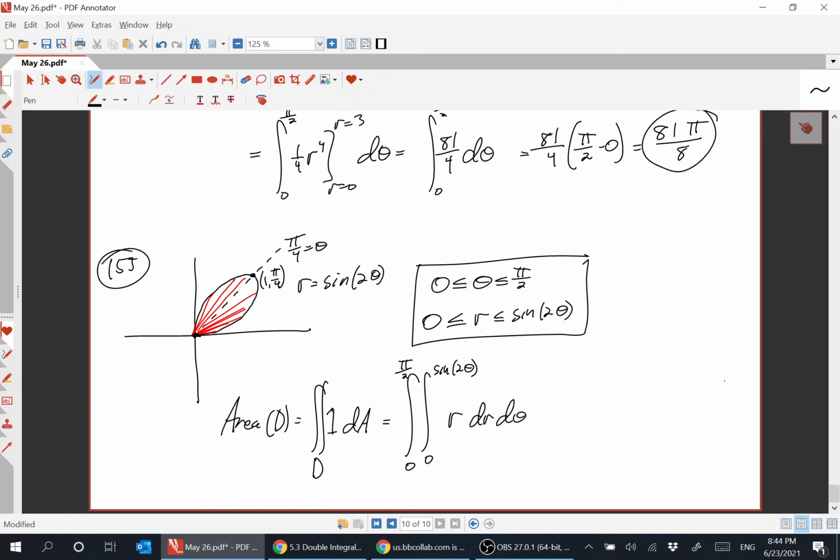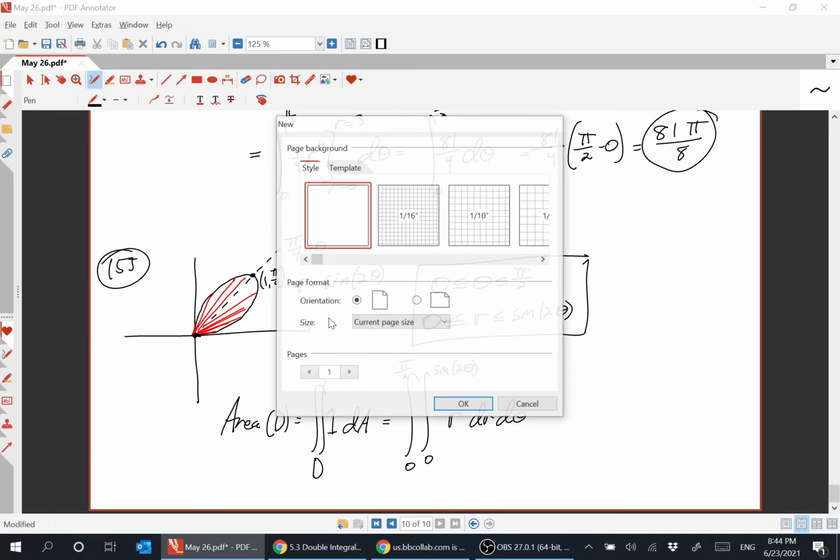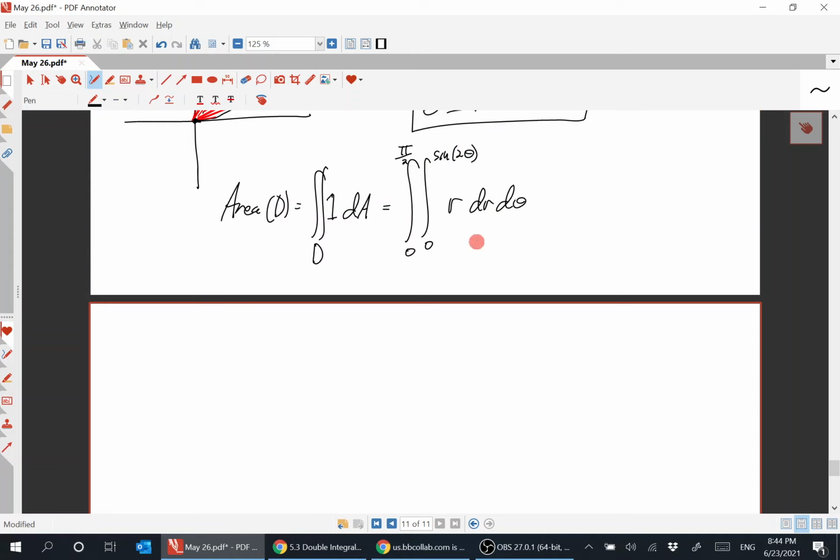All right, so the antiderivative with regard to r is 1/2 r squared from 0 to sine 2 theta d theta. So at 0 you get 0, and then at sine 2 theta you get sine squared 2 theta.